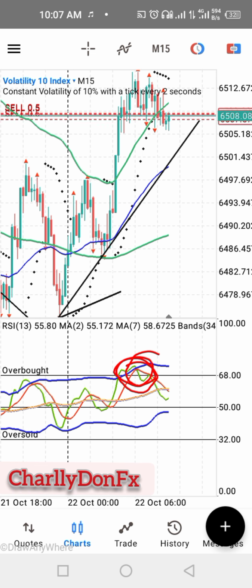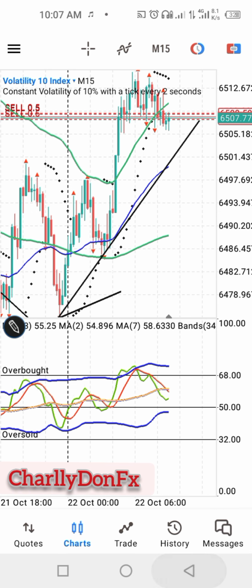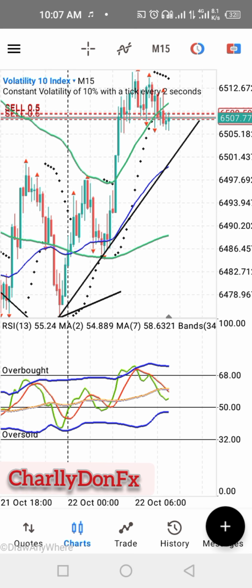So for you to make your proper confirmation whether to enter or not, you patiently wait for the green moving average, first of all, to pierce the orange moving average. Do you get me, guys? Allow the green to first of all pierce the orange moving average.